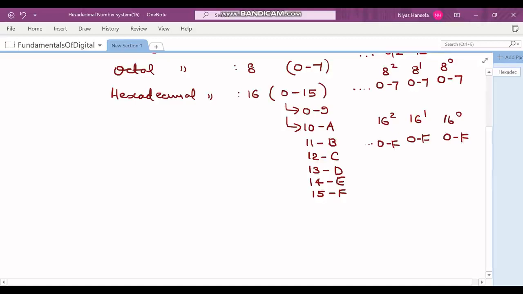Why are we going for this hexadecimal number system in all the operations? What we are going to do is, computers always deal with the digital binary number system. That is, they understand only sequences of zeros and ones. So the lowest unit that a microcontroller or computer could understand is a bit.